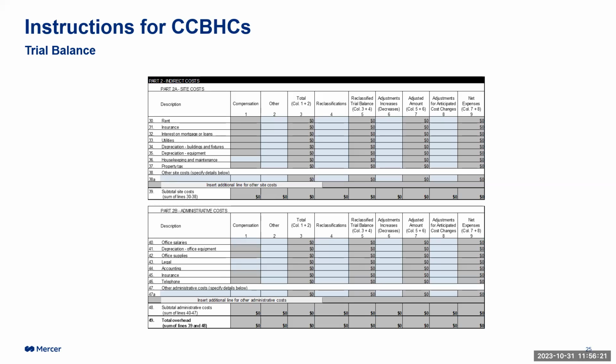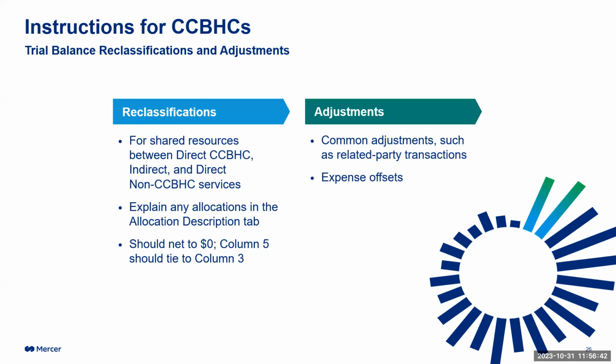So whatever portion of indirect costs is related to the direct costs of the CCBHC program gets added. And we'll go through the options for that later on when we get to the actual indirect cost tab. But for now, that is all the indirect costs of the program.